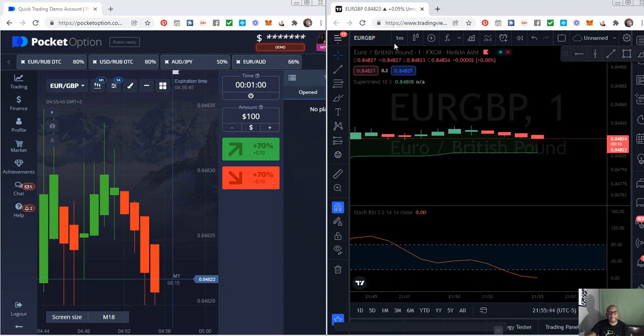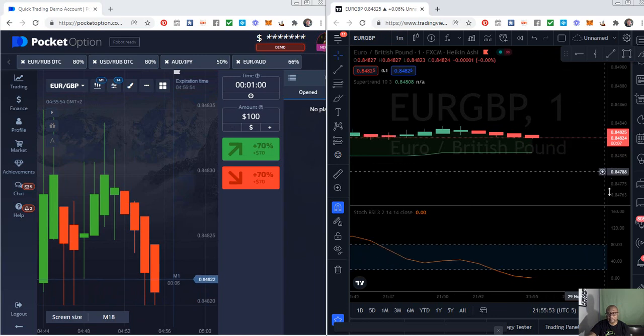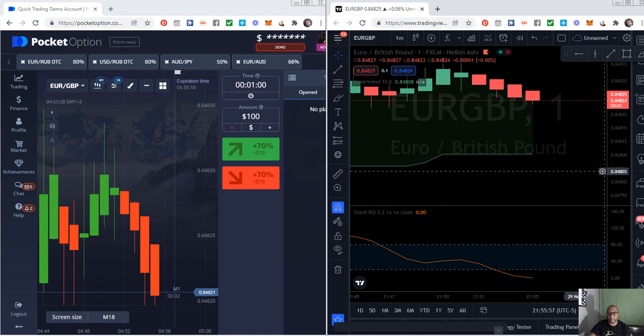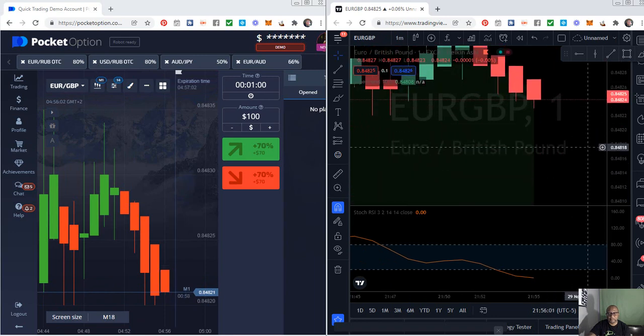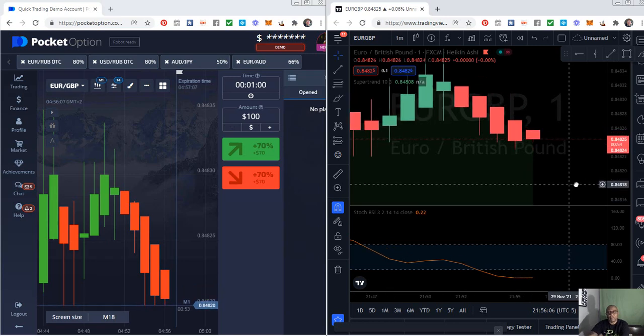Now, again, I have this set up with 1 minute candles here, 1 minute candles over here. They are the same candles. If I make it larger, you'll be able to see it, but I don't want it too large, but they are exactly the same candles doing the same thing.